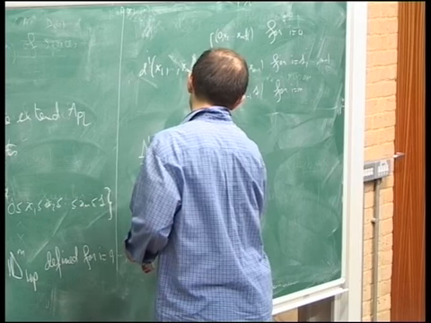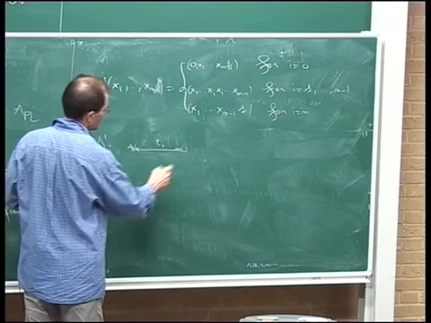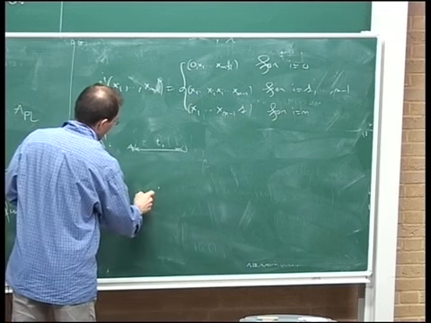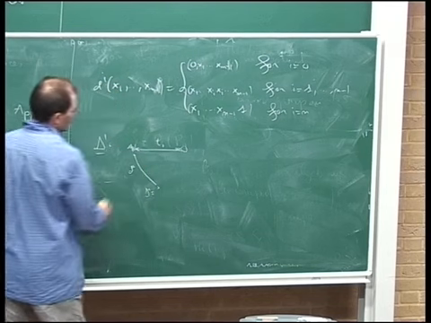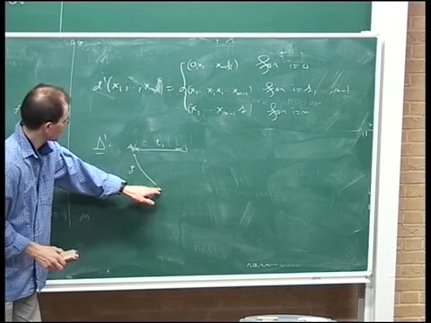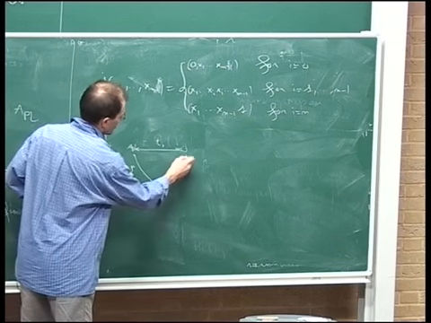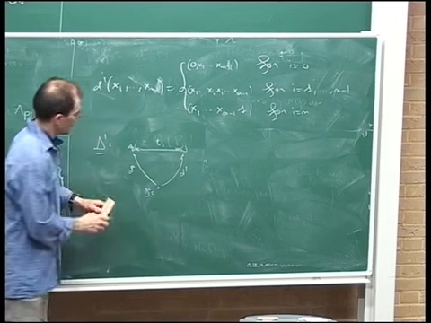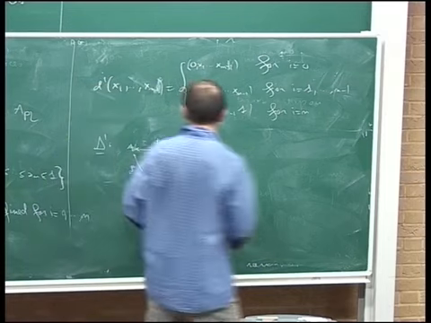You have one vertex which is numbered by 0, which is here, another one which is numbered by 1, which is here. And delta 0 is just a point. And the map d0 corresponds to this embedding of a point in delta 1. And d1 embeds this point at the other extremity.